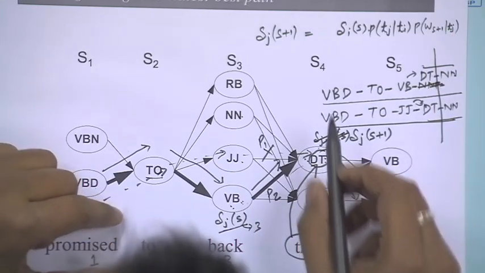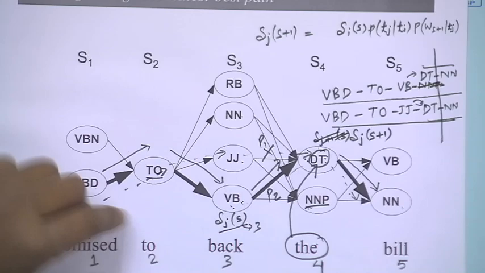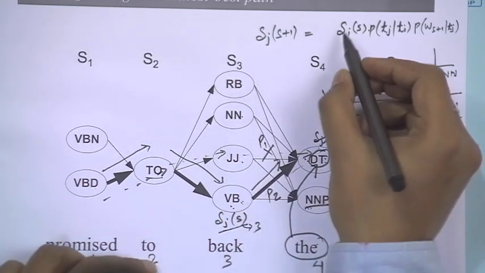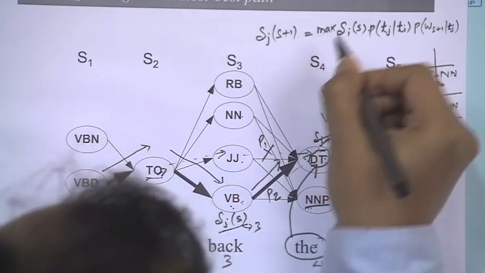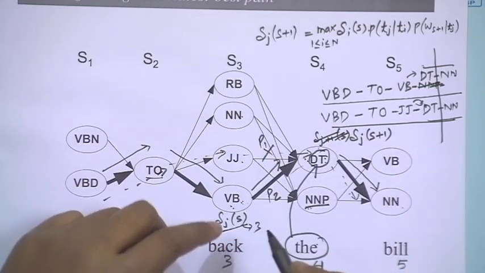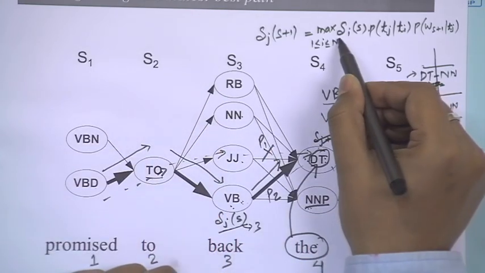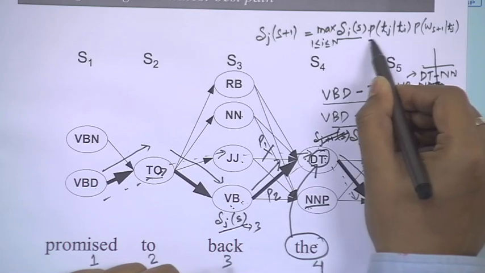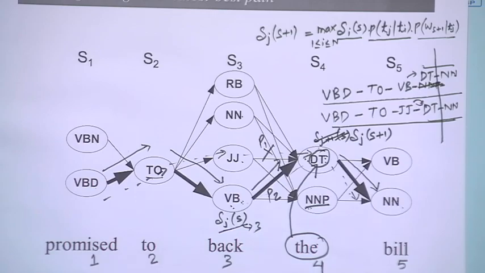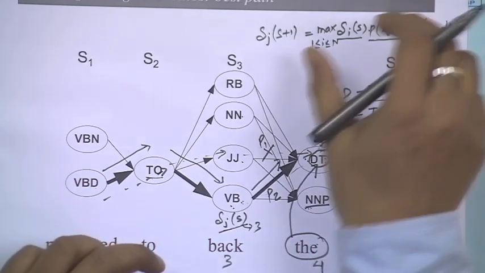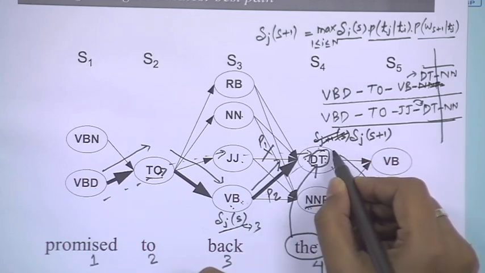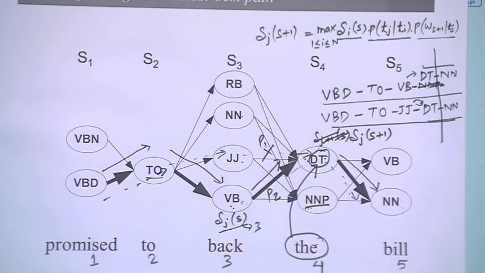I am doing this for some ith state, but there can be some n number of states. So I will find the max of those. Among all the states at the previous step, I have delta_i_s, I multiply it with the transition probability and the emission probability at step s plus 1. The max gives me the best path at this state j at step s plus 1.